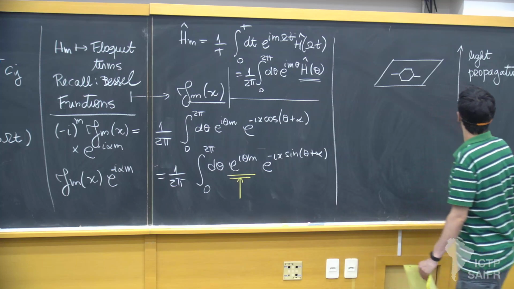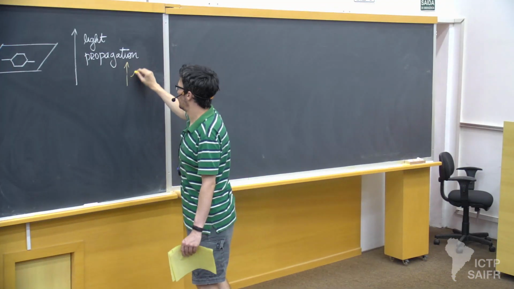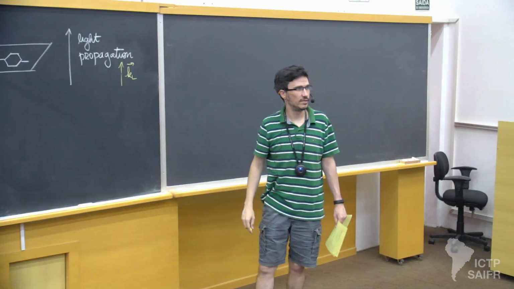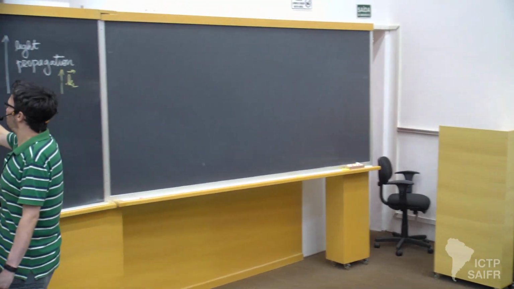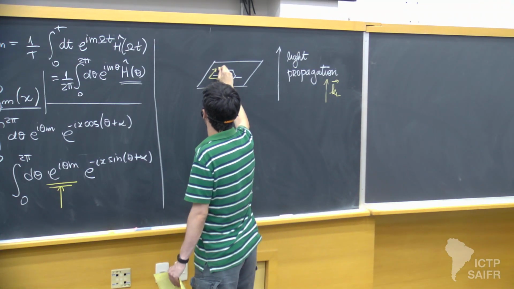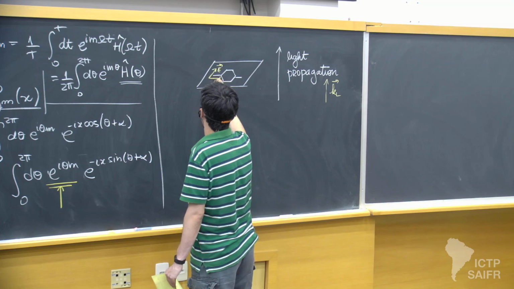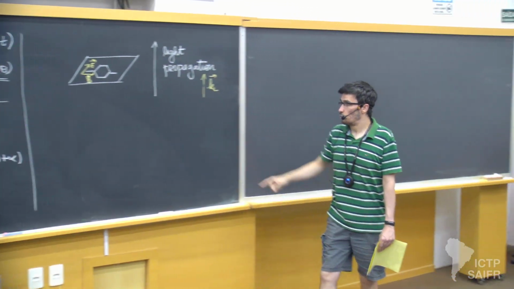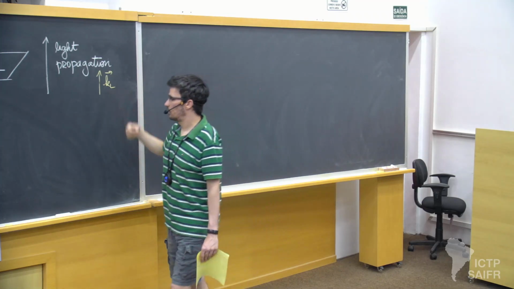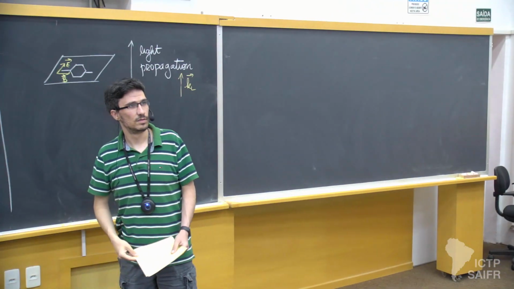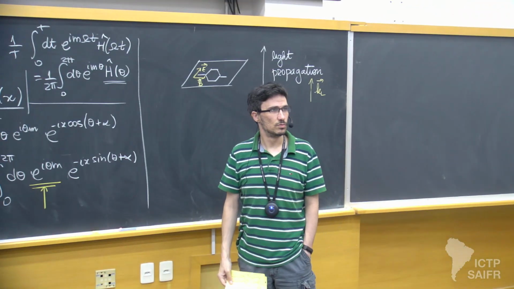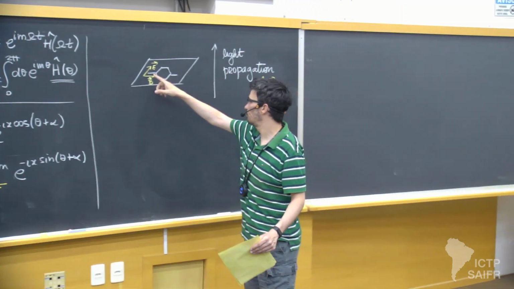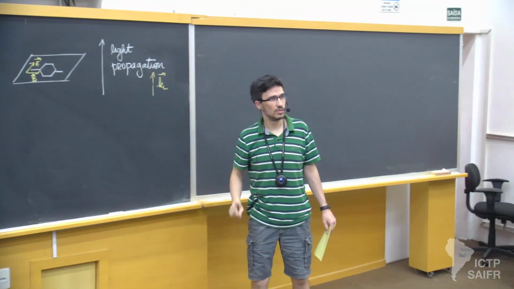So if light propagates along this direction, there is this k of light. This is the momentum carried by light. It's typically very tiny. And both the electric and magnetic field are along this plane. So E and B are perpendicular, and along this plane they rotate, and are always perpendicular to the momentum carried by light. Okay, so A is perpendicular to B, and both A and B are perpendicular to this k.